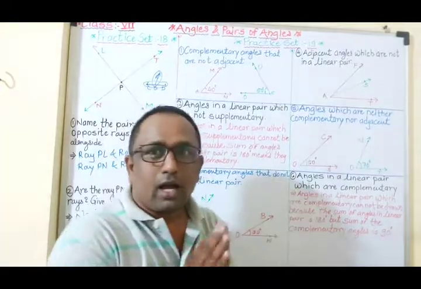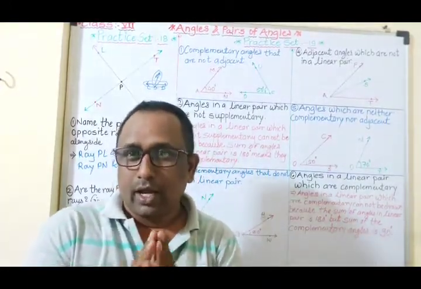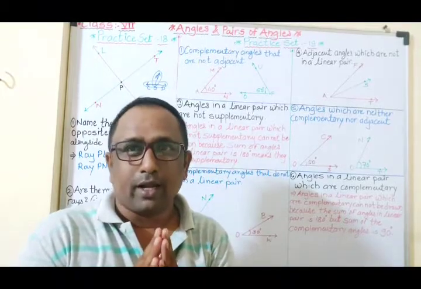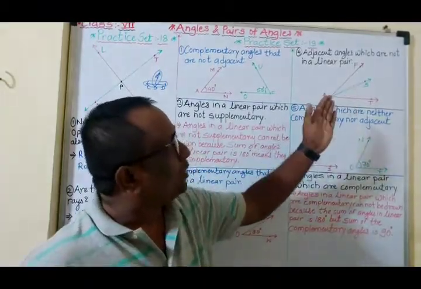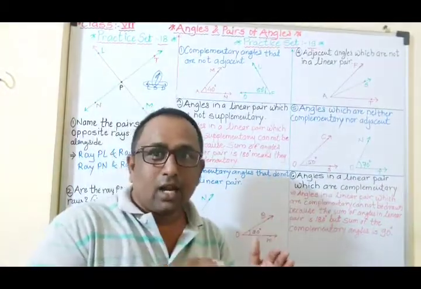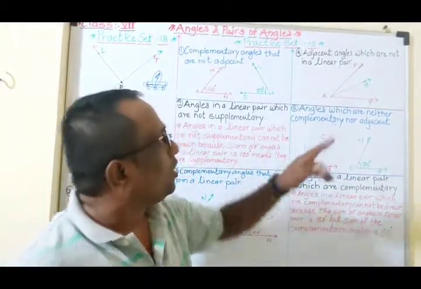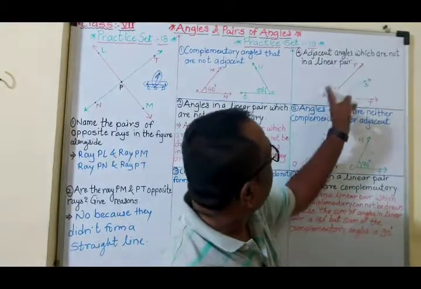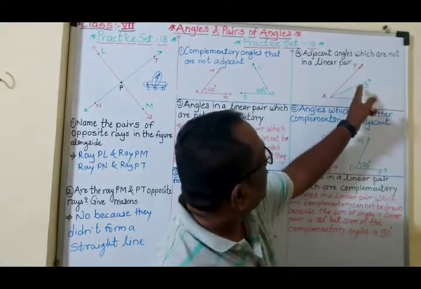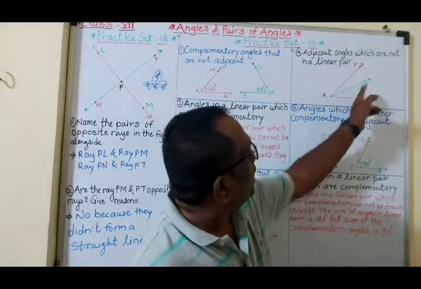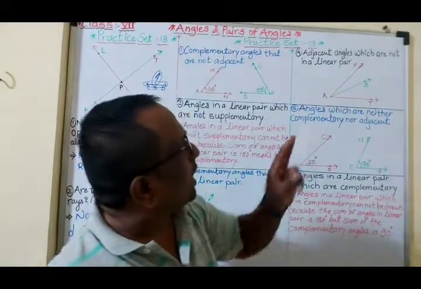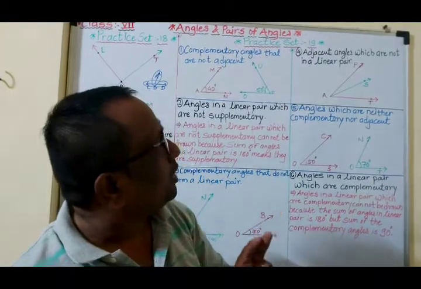So we have to draw adjacent angles. Okay, the definition you know now, I will not repeat again and again. We have to draw adjacent angles, but we have to show that they are not in a linear pair. So if we draw here FAT and here this ray AS, then FAS and SAT are the adjacent angles which are not in a linear pair.